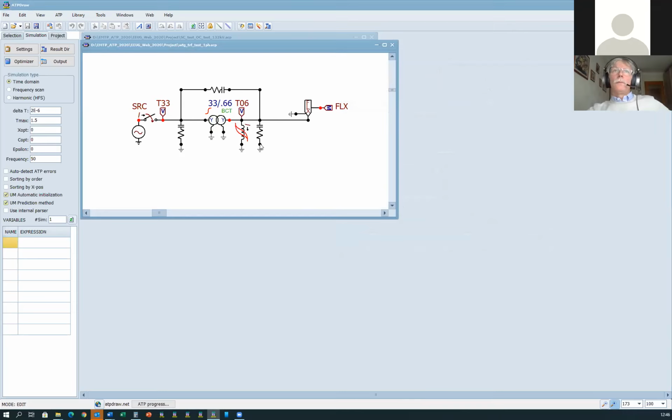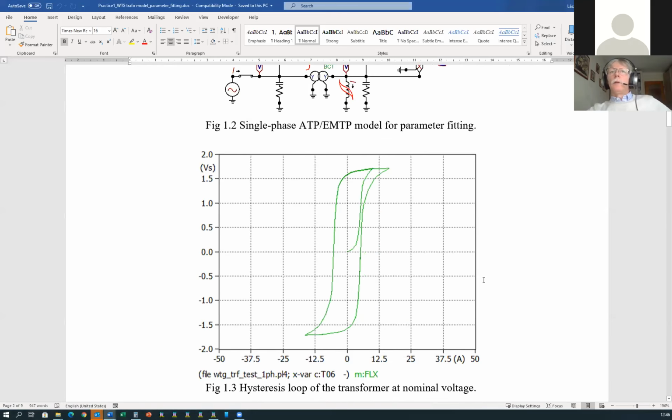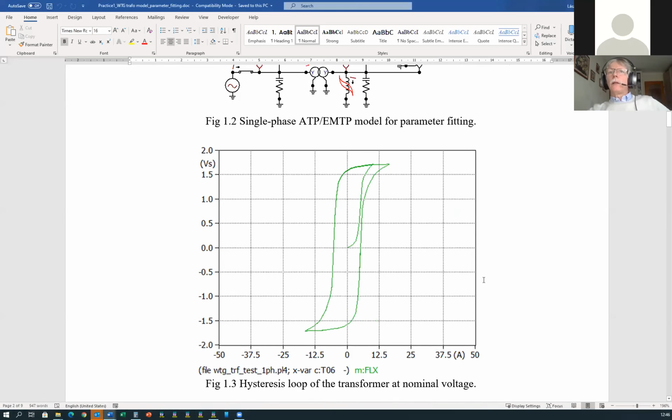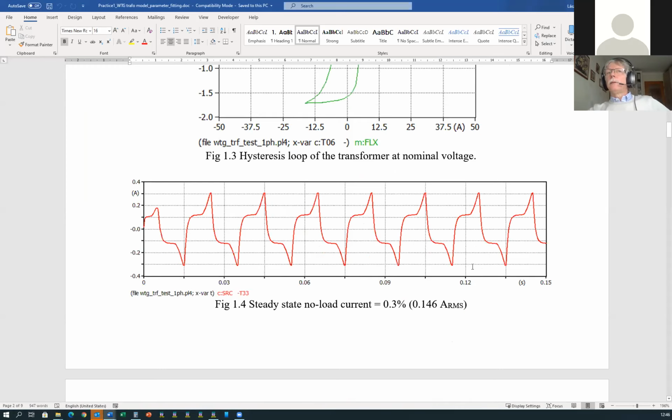If you do so, you can represent the hysteretic loop very easily, or even represent the no load current.